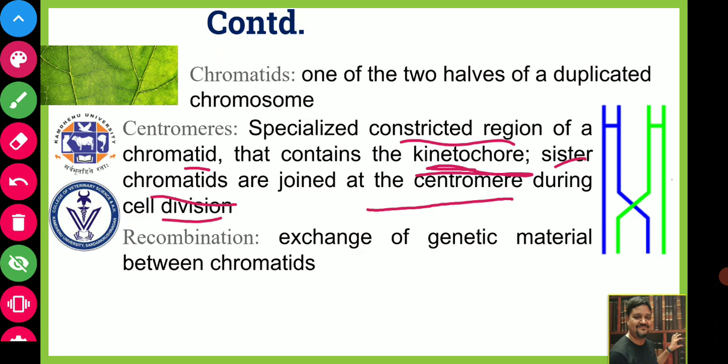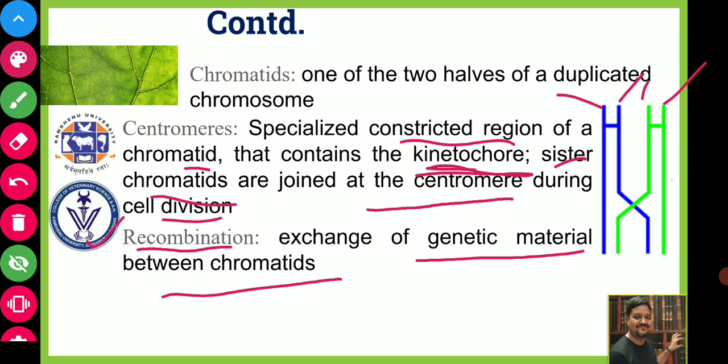Another related term is recombination. What is recombination? Recombination is the exchange of genetic material between the chromatids. Here you can see this is one chromatid, this is another chromatid, this is another chromatid, and this is another chromatid. So these are the two homologous chromosomes.